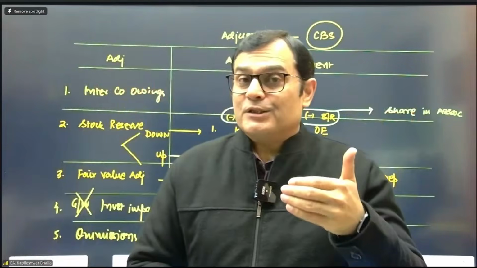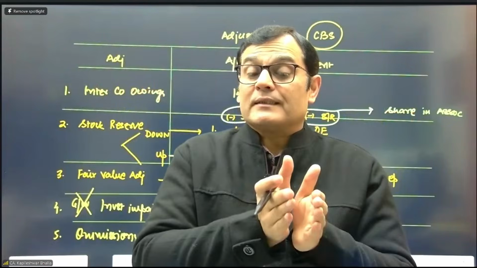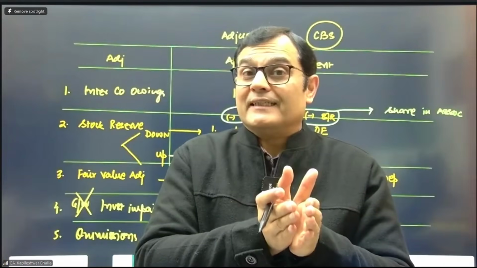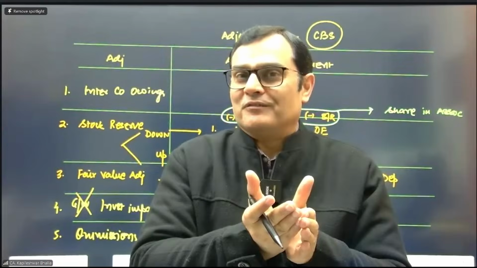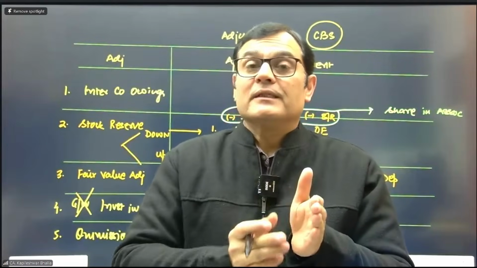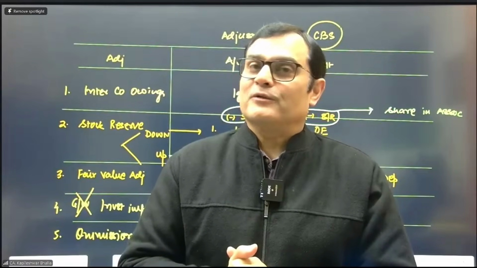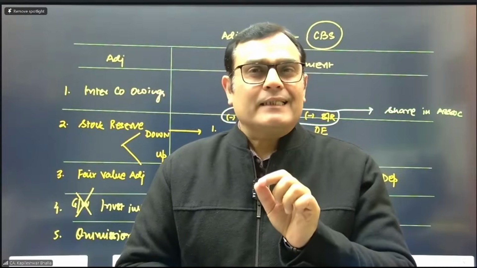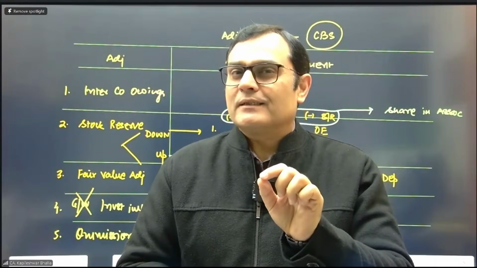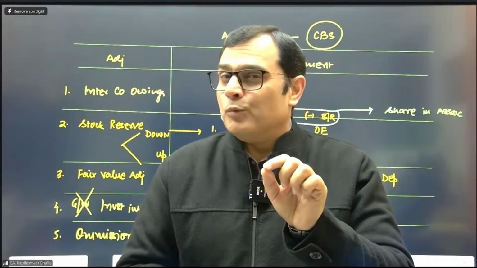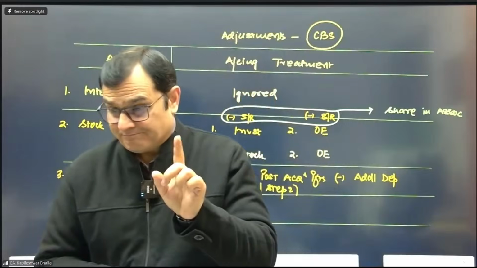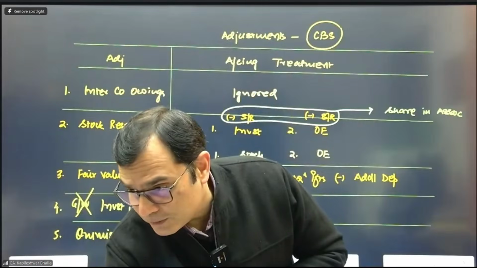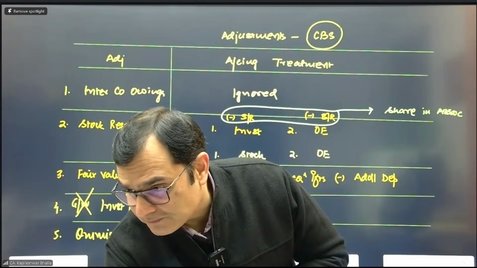Whether it is downstream or upstream, this other equity will definitely contain that profit. If it is downstream, it's a part of the own equity of the investor. If it is upstream, it's a part of the share in the post-acquisition equity. So in any case, it is included in the other equity, whether downstream or upstream. So elimination from the other equity would happen. Right? I hope you got your answer on that.